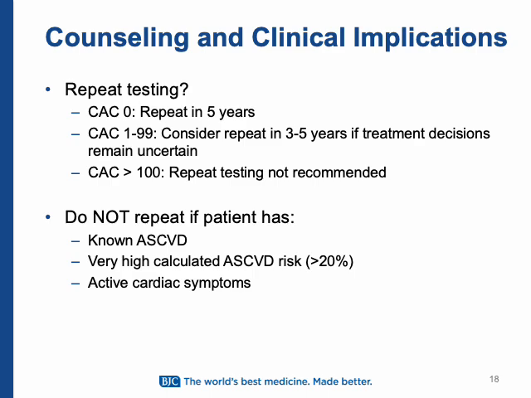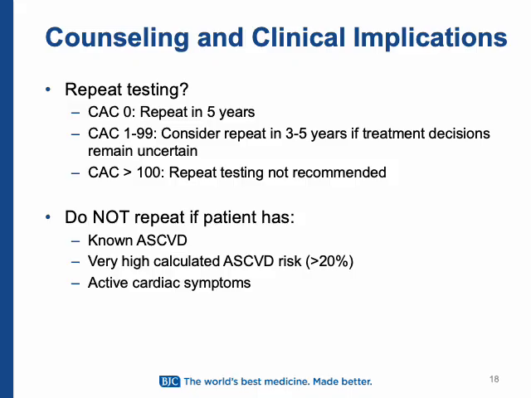For a patient with scores between 1 and 99, repeating the test in 3 to 5 years could be considered if there is still uncertainty about prevention or if treatment decisions were deferred the first time. If the initial scan already led to a clear plan, like starting statins, repeating is usually not necessary.